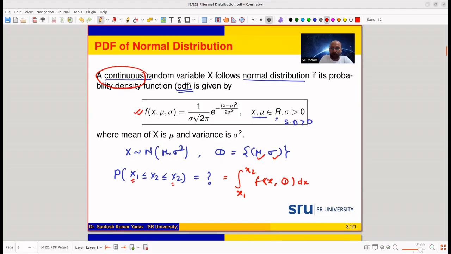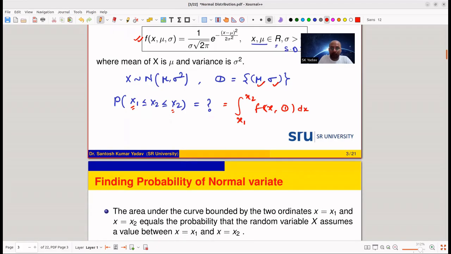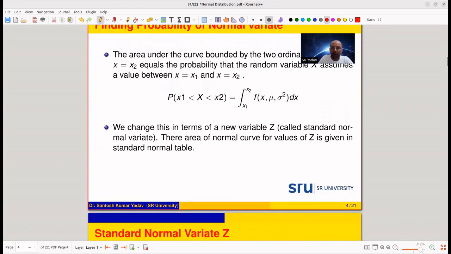So what we will do, we will change this particular x variable into a new variable which is known as standard normal variate z. Certain values of this z are given, so it is easy to calculate this probability of x lying from x1 to x2 by changing x variable into z.